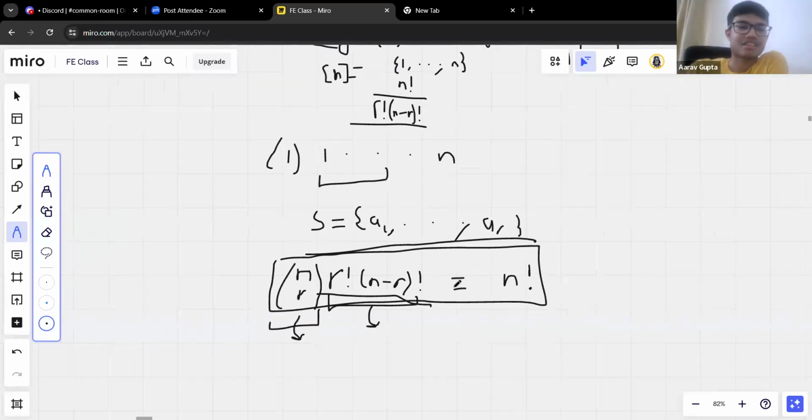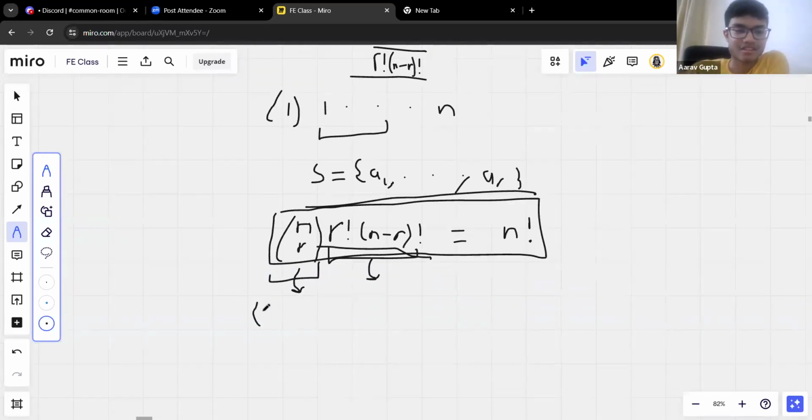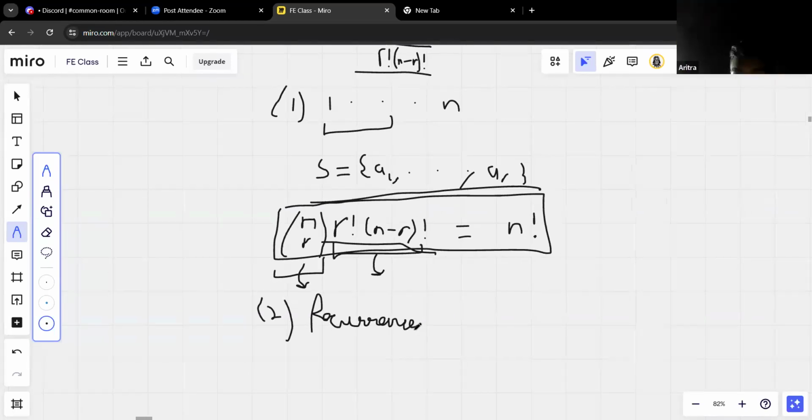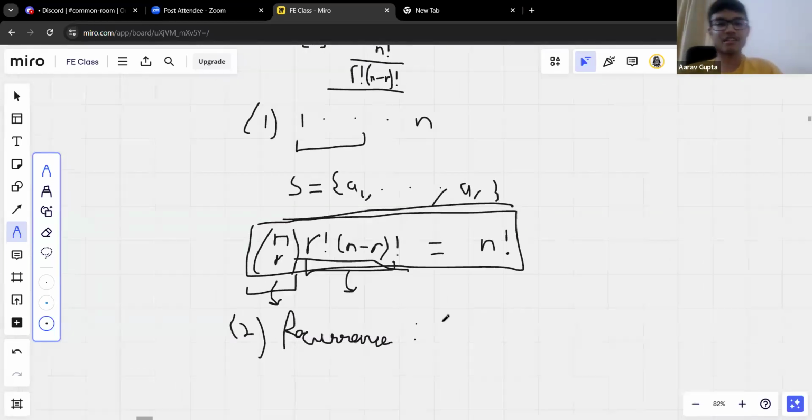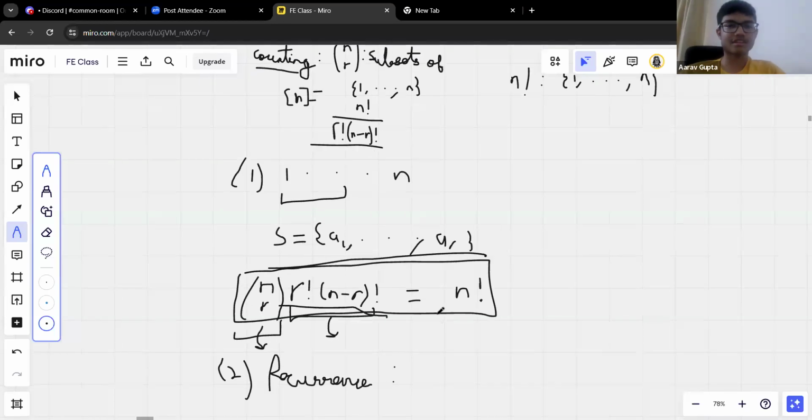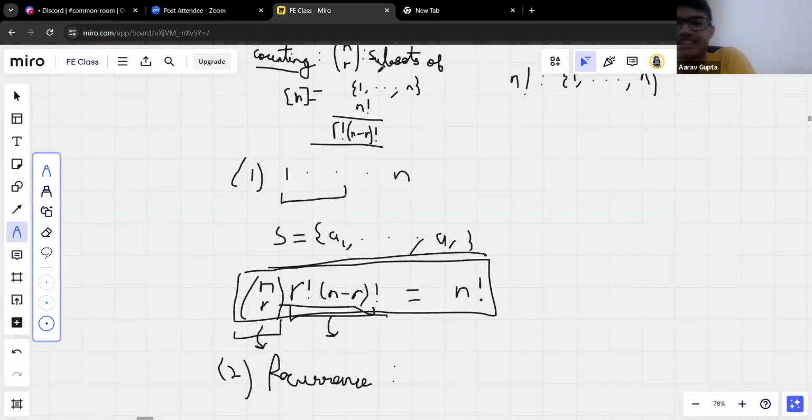So the second method is recurrence. Can you say what is recurrence? Yeah, it is basically induction on r. You have n is greater than or equal to r in this, because I should have defined it earlier, but just assume this for now.